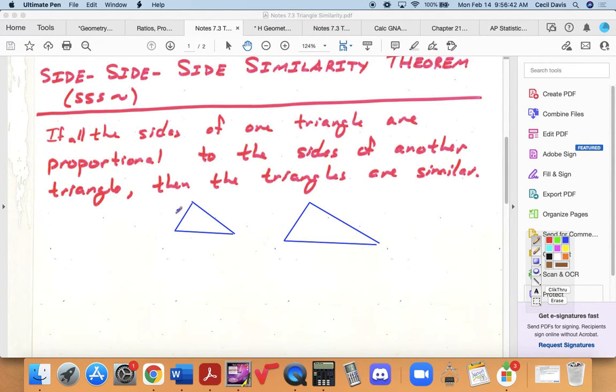And let's say that these sides are, I don't know, 6, 8, and 10. And these sides are 9, 12, and 15.